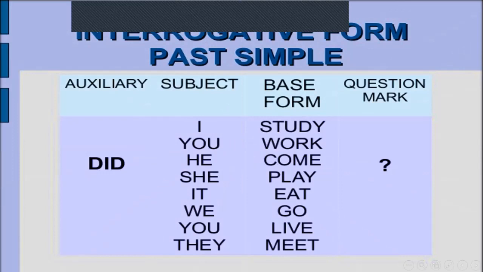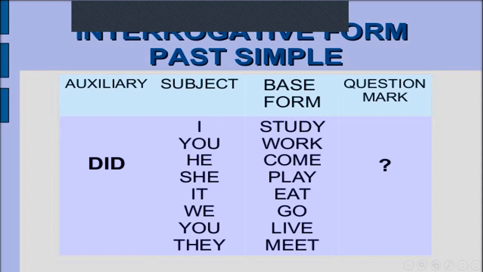This subject may be singular noun or plural noun, or pronoun. Subjects like I, you, he, she, it, we, you, they, or any singular or plural noun. Plus verb in infinitive.